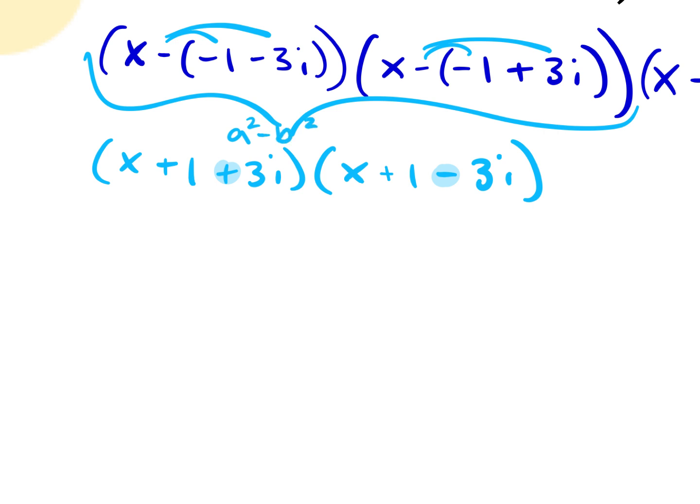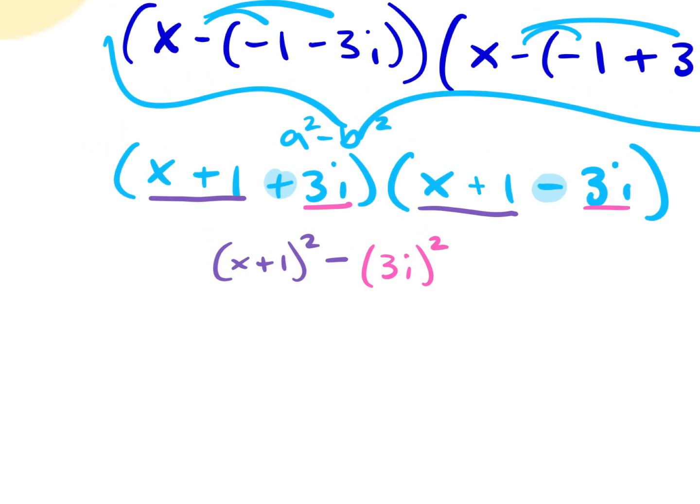What's our a? x plus 1 would be our a. So we've got (x plus 1) squared minus, what's our b? (3i) squared. So for (x plus 1) squared, we want to write it twice and FOIL it out if you need to. x plus 1 times x plus 1.